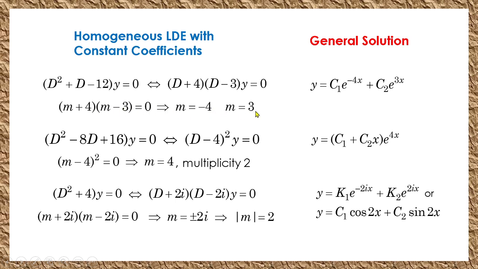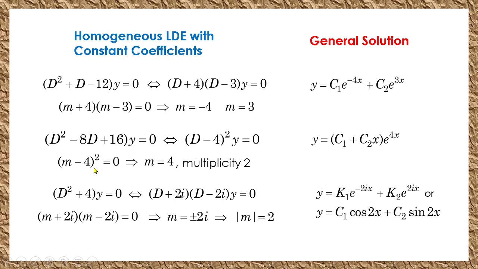And if I'm going to solve the roots of this equation, I will get m equals negative 4, m equals 3. And in a similar manner, for D squared minus 4, quantity squared applied to y equal to 0, the associated polynomial equation, which is specifically a quadratic equation, is m minus 4 quantity squared equal to 0.